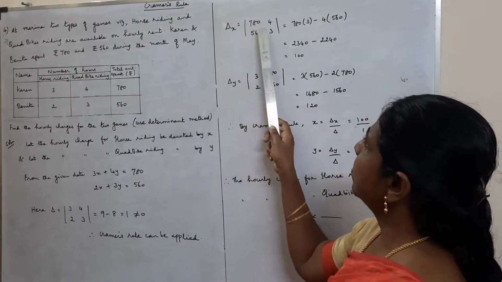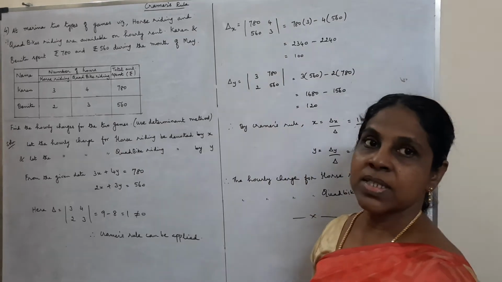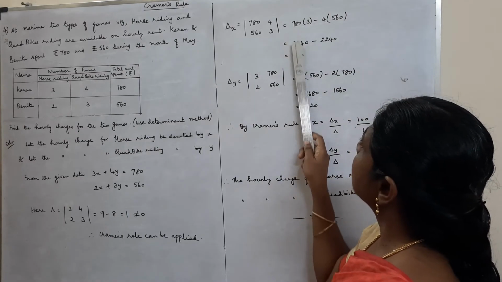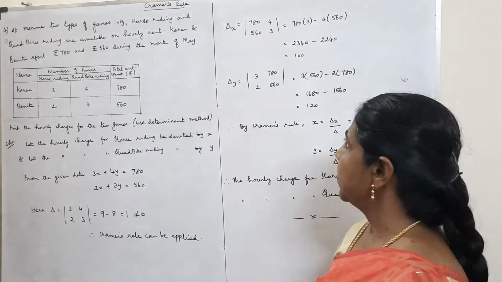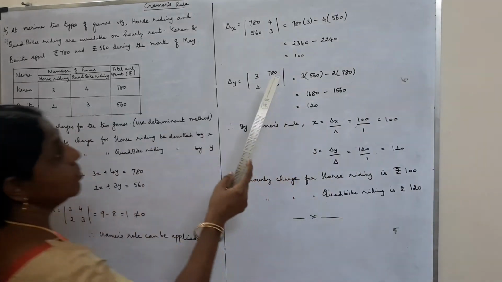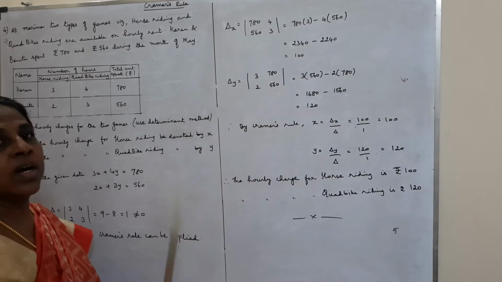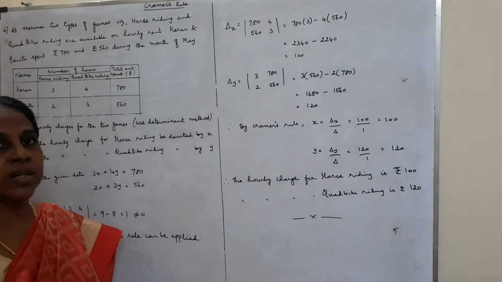Again, product of the main diagonal: 780 into 3 minus 560 into 4. So what does that give you? 2340 minus 2240. So what is the difference now? 2340 minus 2240 gives you 100. So that's the value of delta x. Delta x is equal to 100.